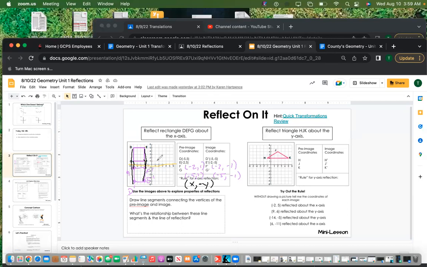Okay, they run parallel. They are parallel. And the x values are the same for pre-image to post-image.